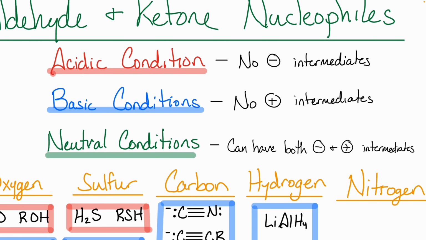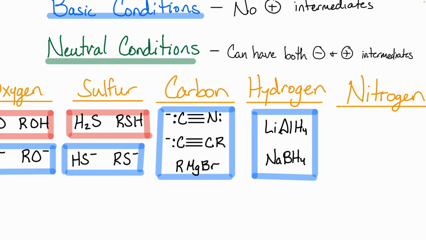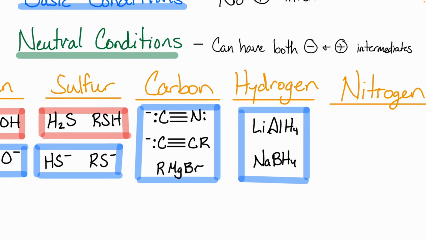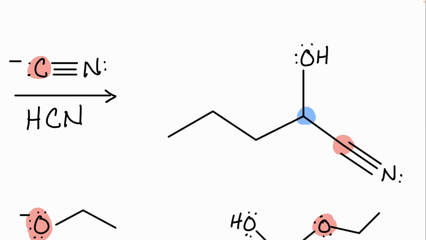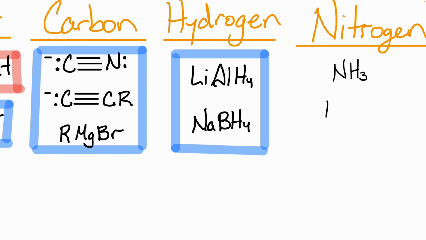All right, and nitrogen is going to be our example of nucleophiles that will react under neutral conditions. So we could have ammonia, some primary amine, or a secondary amine.